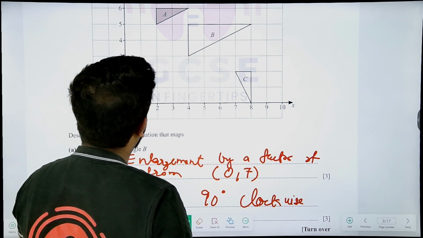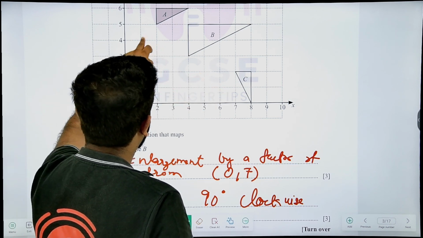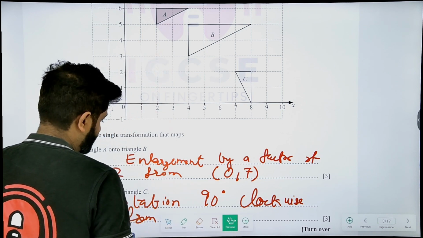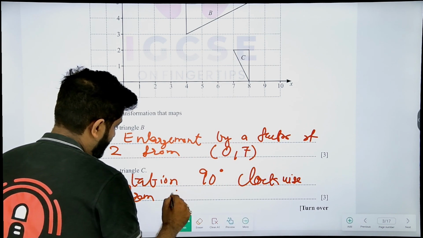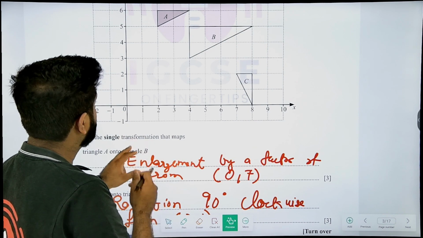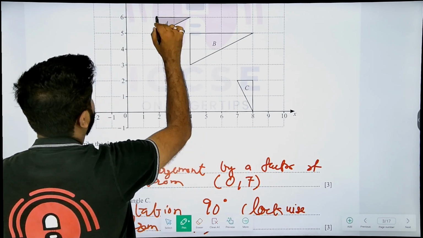But I think here it seems that the center is 3, 1. In order to verify, let's say this is my tracing paper. I have drawn the figure on the tracing paper.